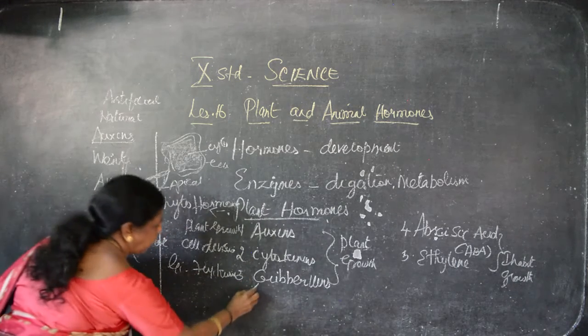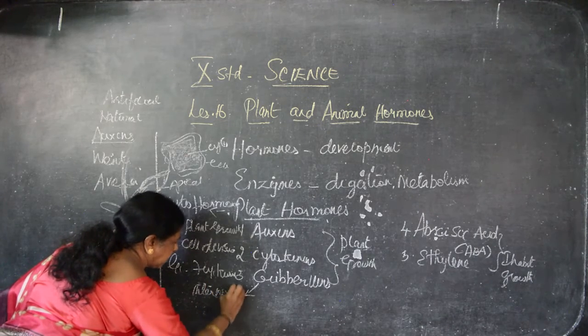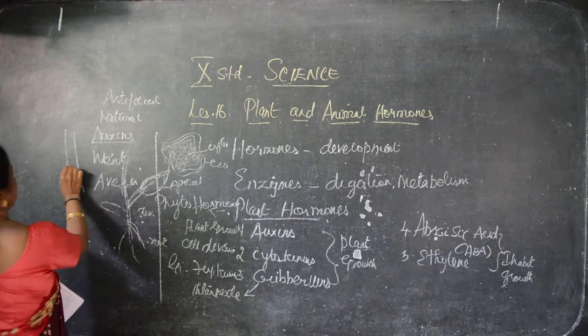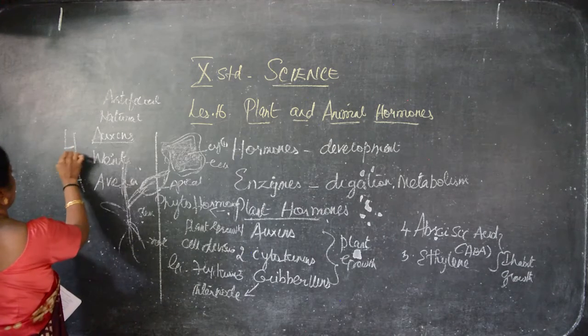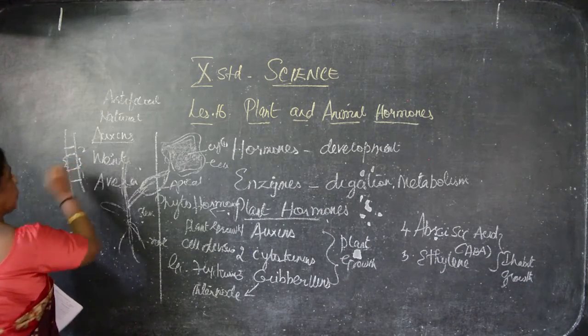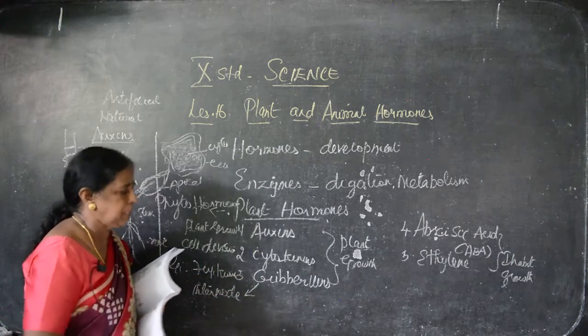They help in the growth of internodes. What are internodes? There are nodes in between on the plant. The plant grows like this. So this is one node, this is one node. The gap in between the nodes is known as the internode. The gibberellins help the growth of the internodes.